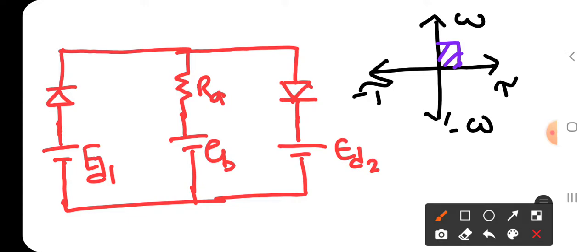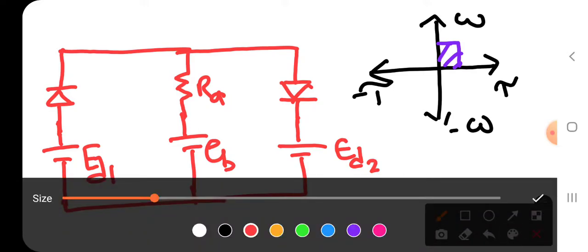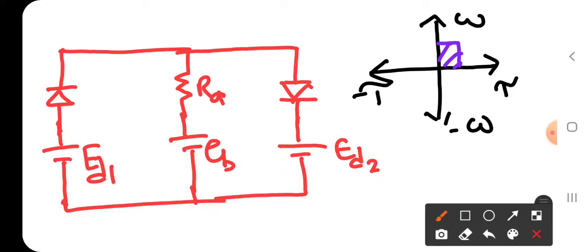Okay, so now who is the source for the circuit? Here the current will flow from ED1 like this, and here it may have two paths in this fashion. At last these two currents will club and flow in this fashion.